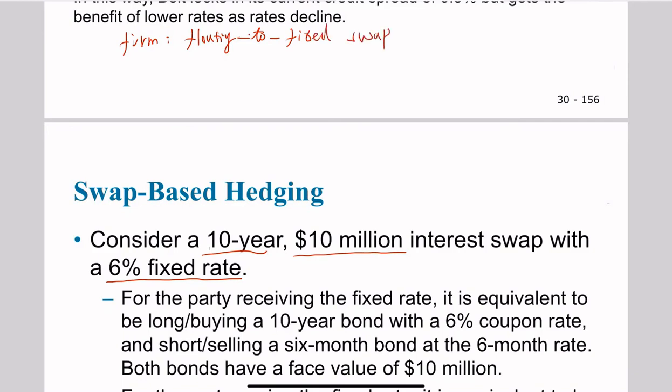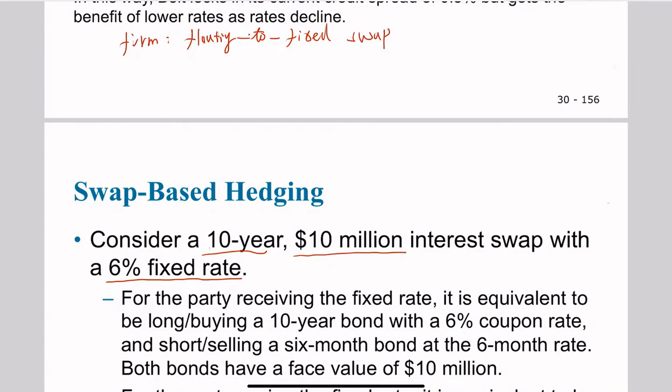That is, the firm is paying this floating interest rate. So let's assume we're talking about the 6-month market interest rate. And by paying the 6-month interest rate, the firm is getting a fixed interest rate, right? So this is a floating to fixed interest rate swap.